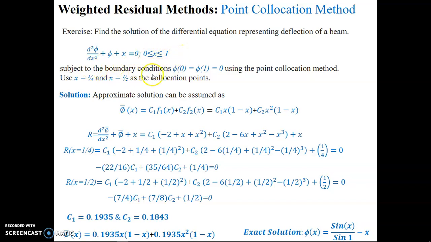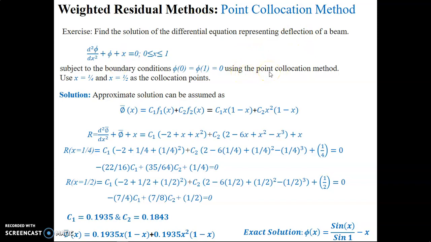The boundary conditions are already specified: when x is equal to 0, the primary field variable, which is displacement, is equal to 0, and at x equal to 1, again the displacement is equal to 0. Such conditions generally exist in a fixed beam.